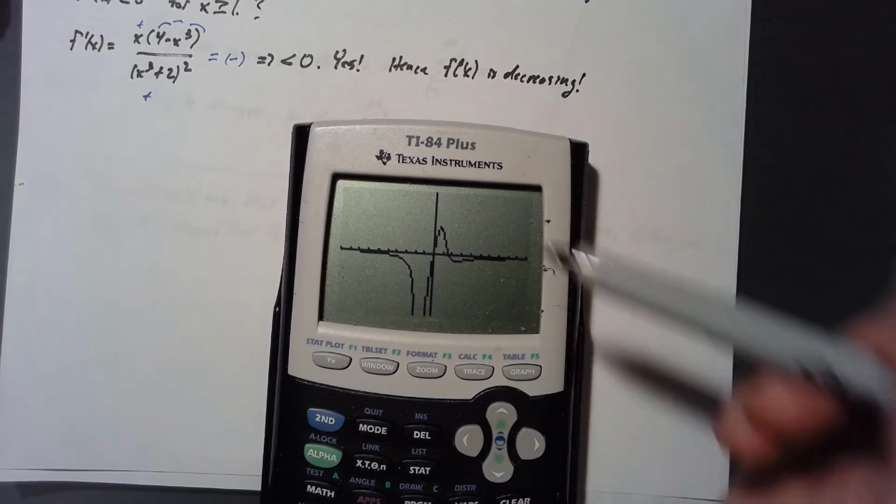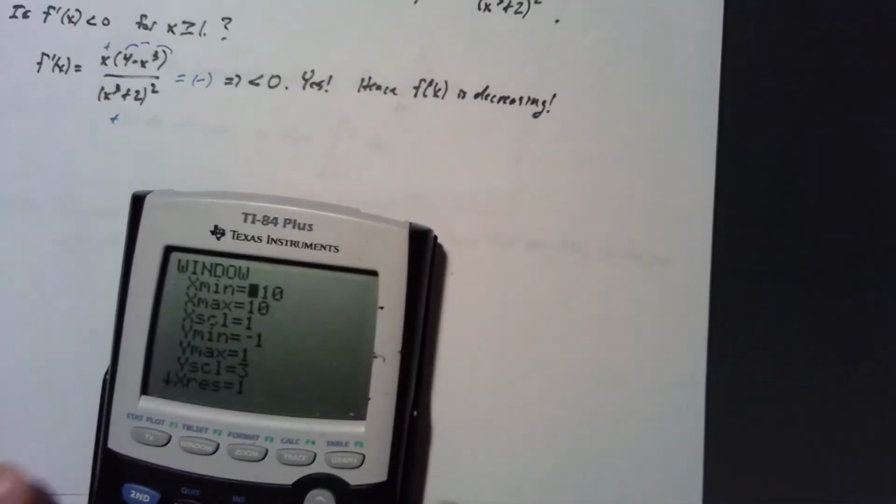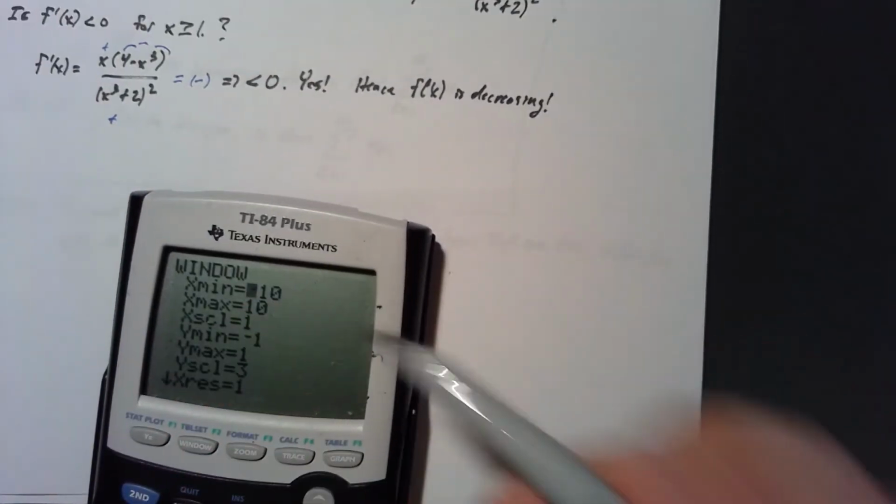If you look at the structure of this graph, I'm only interested in values that are greater than 1, so let me adjust this so that the lowest value I have is 1.